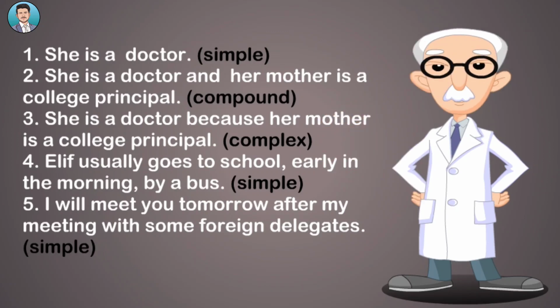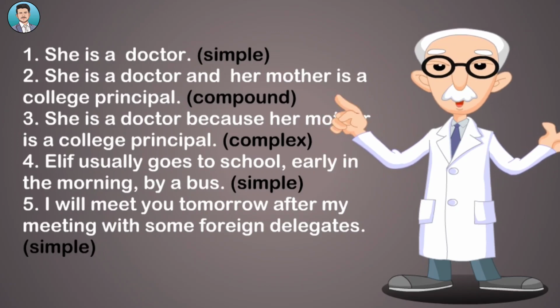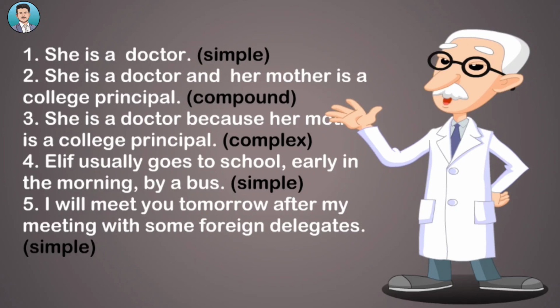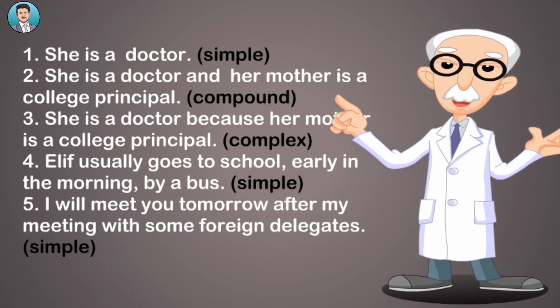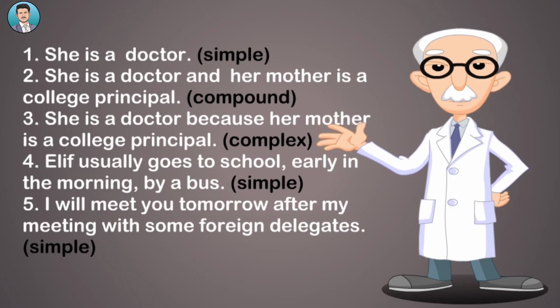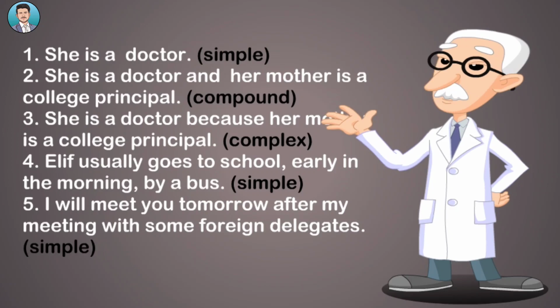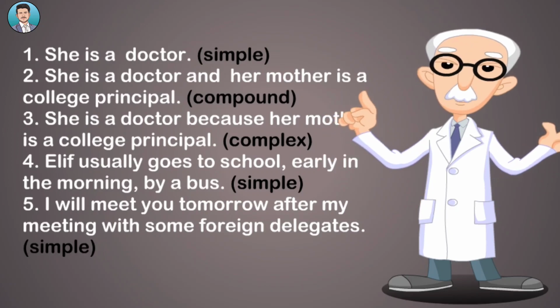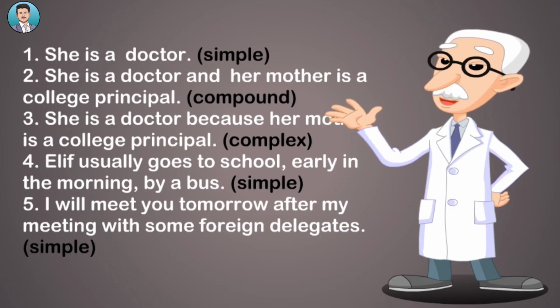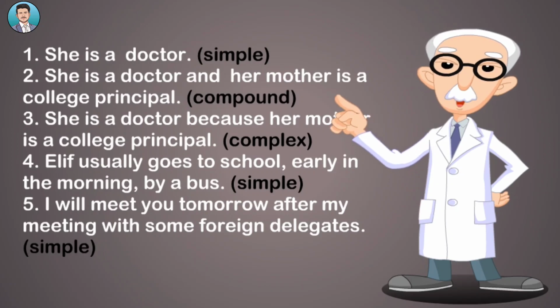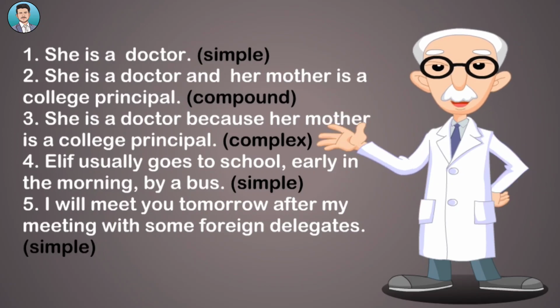Since this part of the sentence is giving us some extra information about the previous clause, we will call this sentence a complex sentence. In a complex sentence, there is one independent clause and then comes one dependent clause. The dependent clause does nothing but give some extra information about the independent clause.